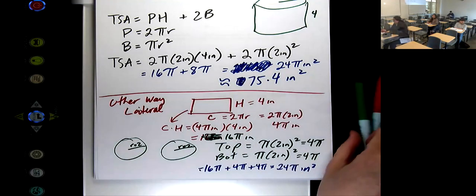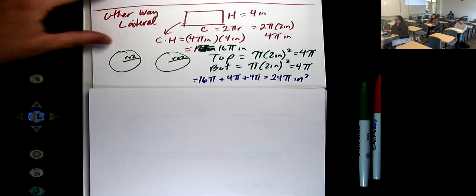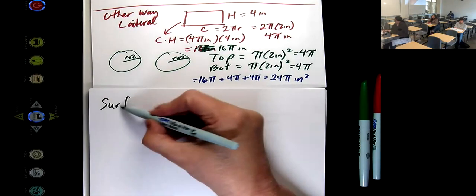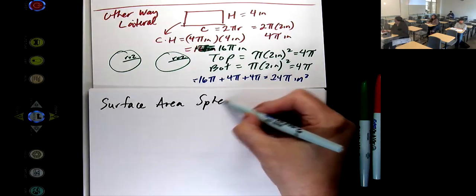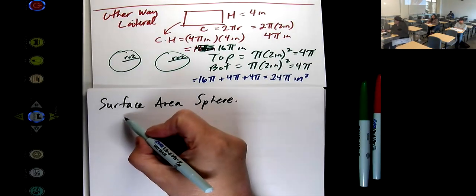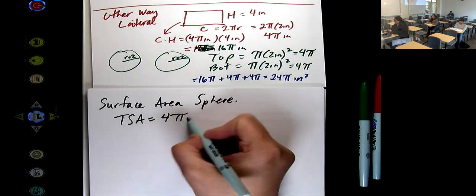You want to do the surface area of a sphere? Surface area of a sphere has a nice simple formula. The total surface area is 4 pi r squared.